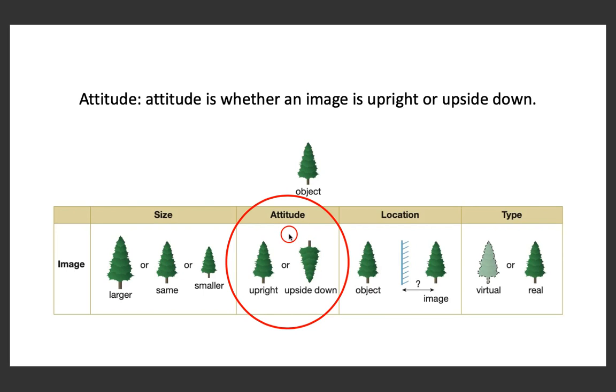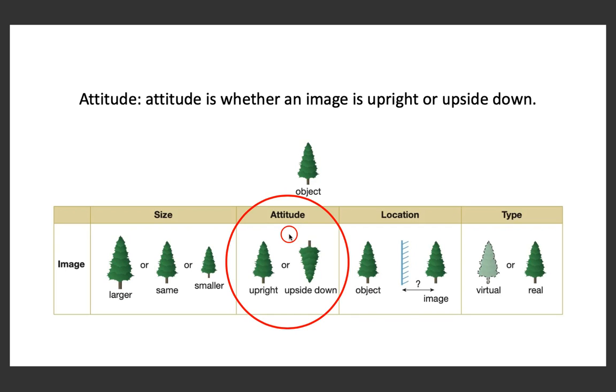It may be strange to imagine a case where the image would be upside down, but we're going to see that in certain types of mirrors, the image produced is upside down. It's a converging mirror in particular that produces an upside down image. You would see this if you've ever paid attention to your reflection in a spoon.